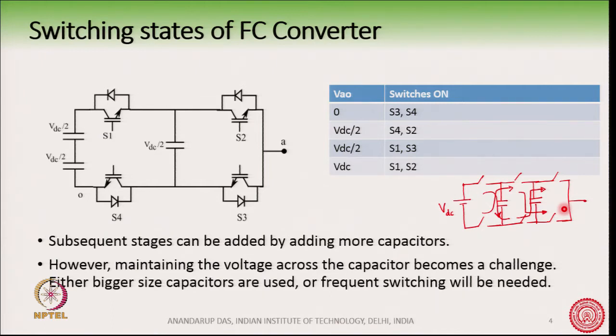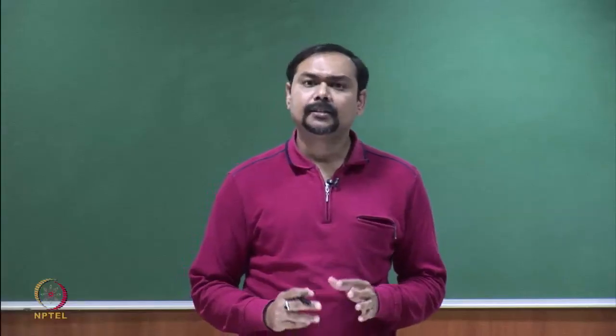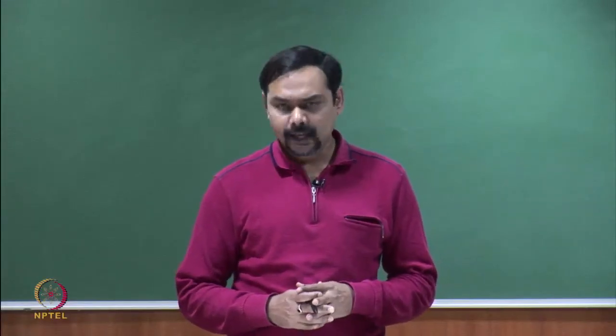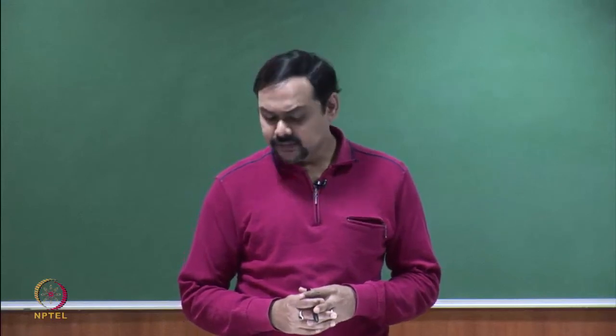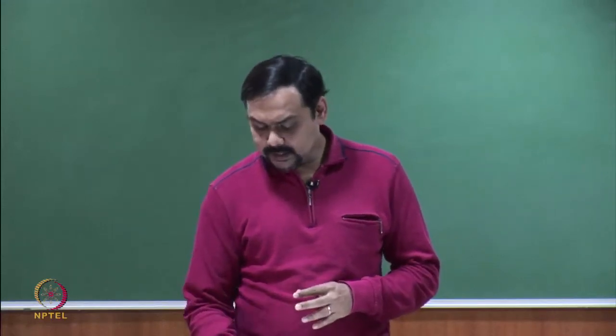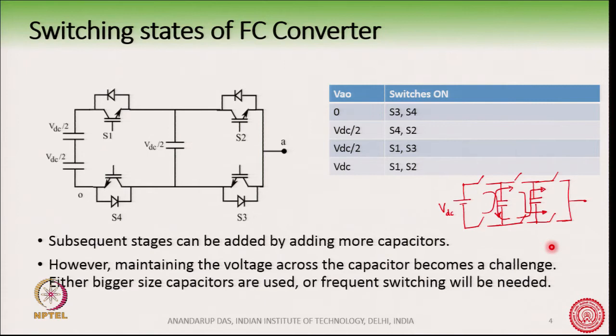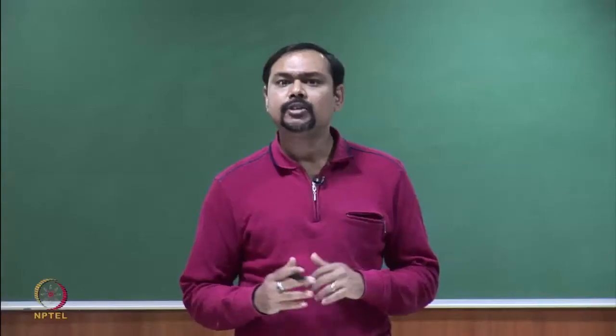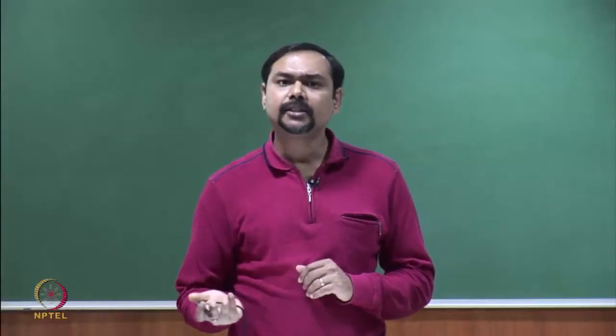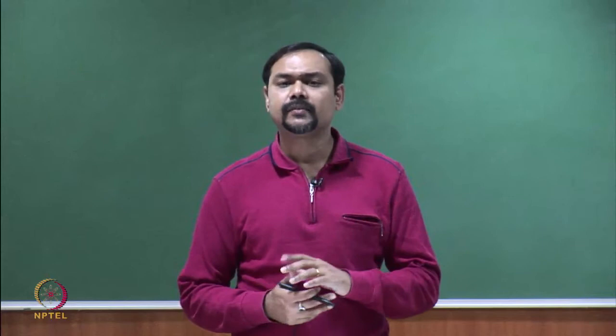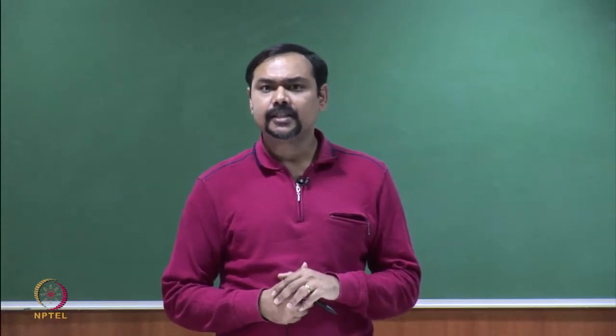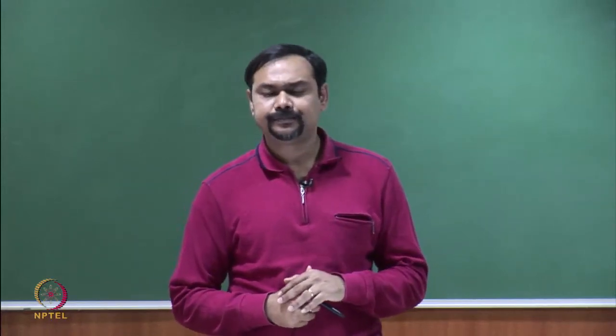So, in multi-level converters, we know that the load current can be quite high. As a result, these capacitors must be big in size, otherwise because of the high magnitude of the load current, they will quickly charge or discharge, and their voltages will quickly change from the nominal value.